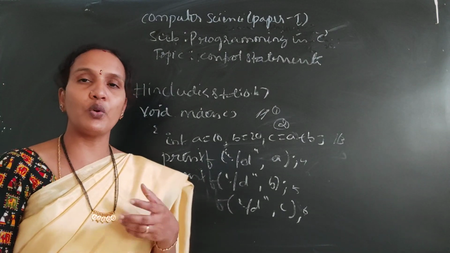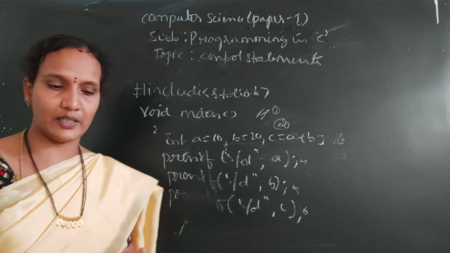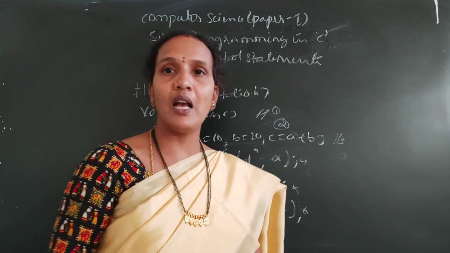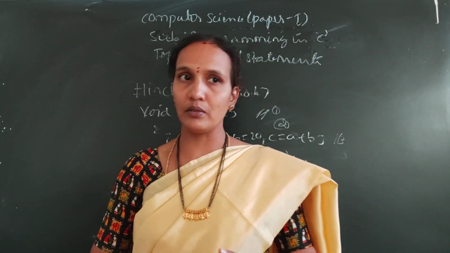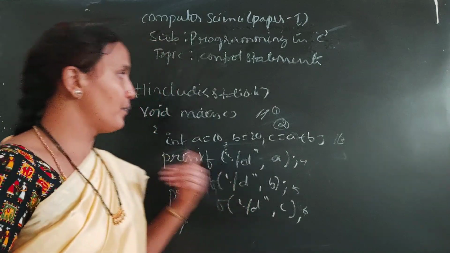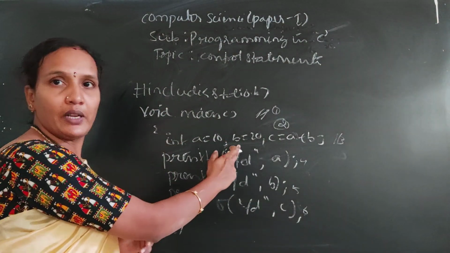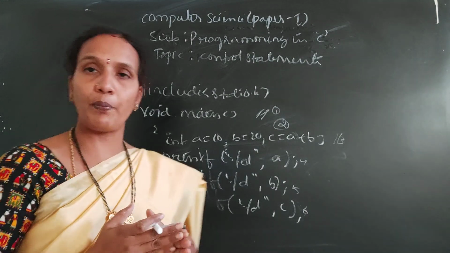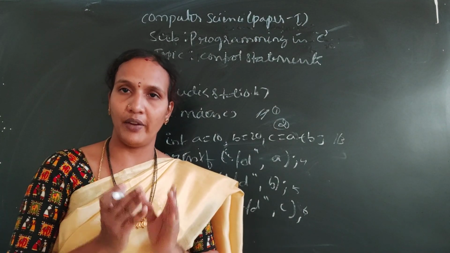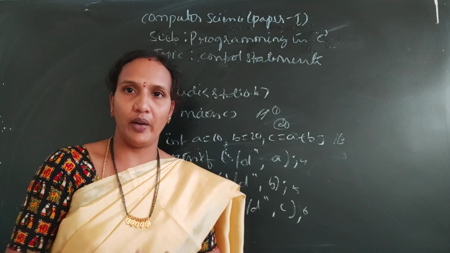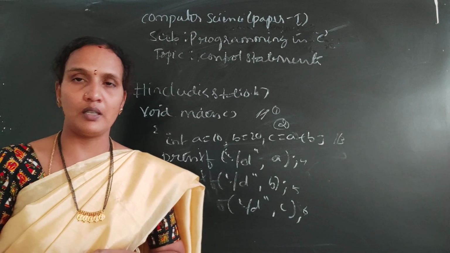Suppose you want to change it: I don't want to print all the values, I want to print only the one which is biggest among the two variables. Here a value is there, b value is there. I don't want to print both. I want to print only the variable with the bigger value. There we can implement a condition.